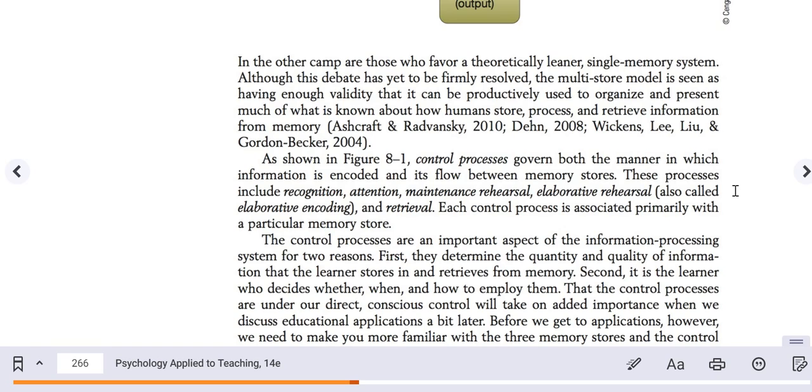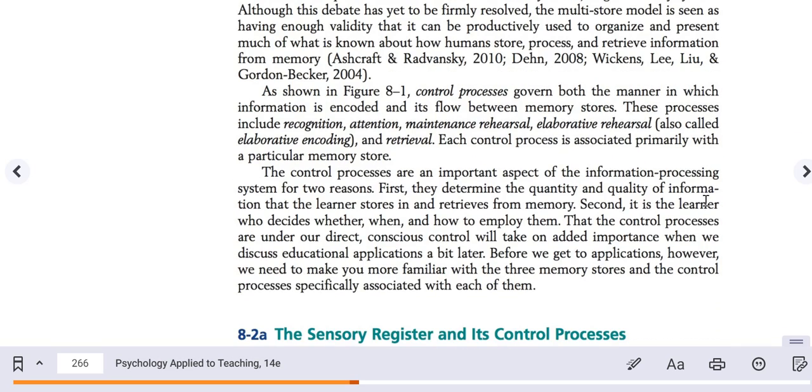These processes include recognition, attention, maintenance rehearsal, elaborative rehearsal, also called elaborative encoding, and retrieval. Each control process is associated primarily with a particular memory store. The control processes are an important aspect of the information processing system for two reasons.